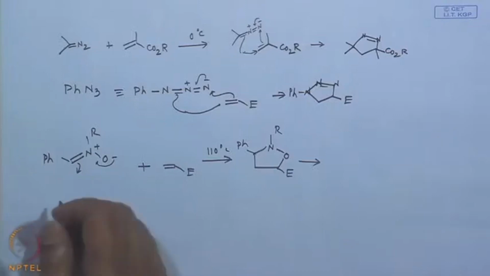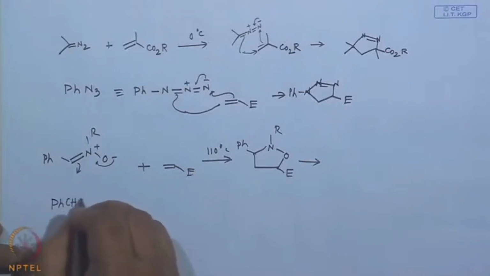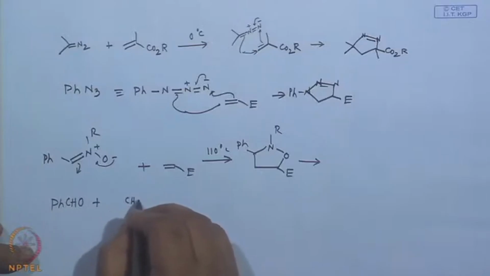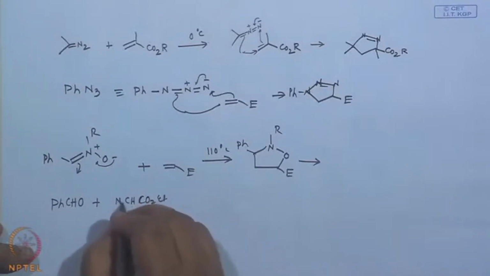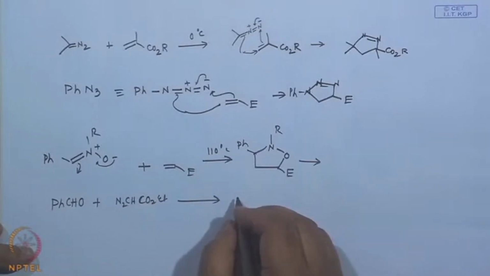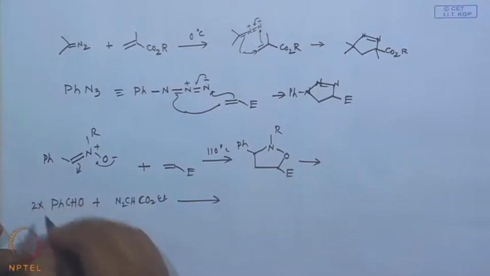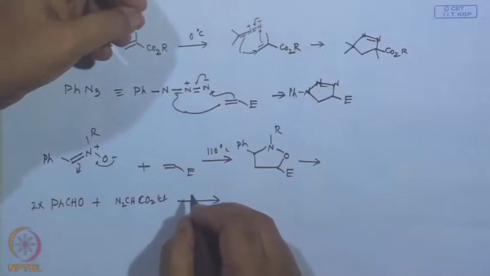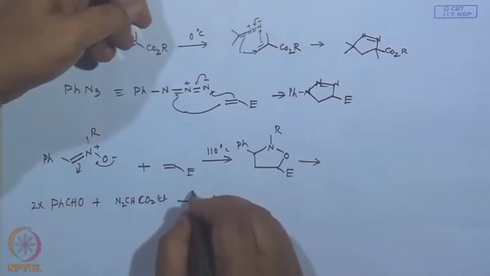Quite interestingly, I will give you one more reaction. If you begin with benzaldehyde and then ethyl diazoacetate, and of course, this is two equivalents, then a reagent that would decompose diazo compounds.